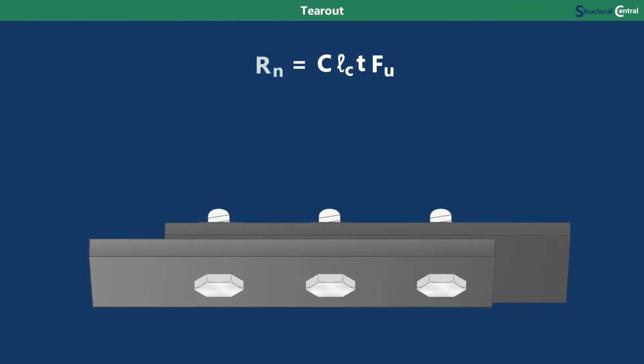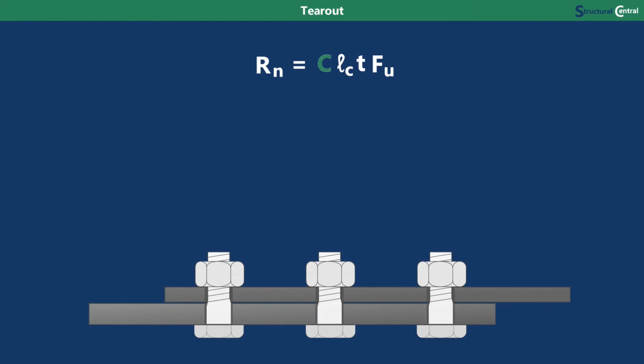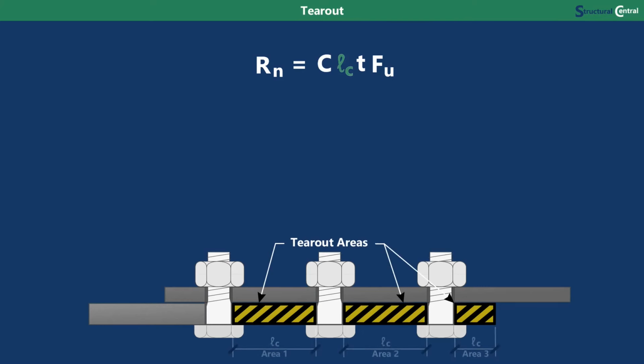The formula for the tear-out strength Rn includes a coefficient C, which is multiplied by Lc, which is the clear distance from the edge of the hole to the edge of the connected material or the adjacent hole, times the connected material thickness and the steel strength of the connected material. Don't forget that the bolt hole is larger than the bolt diameter, even for standard holes.